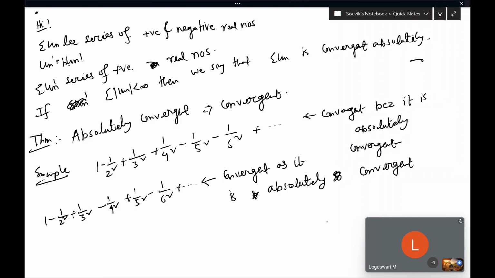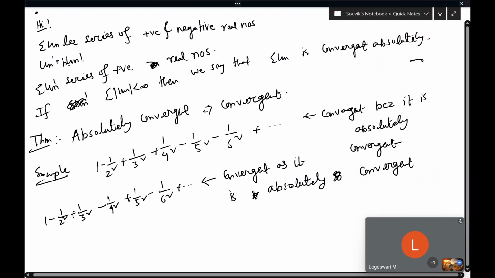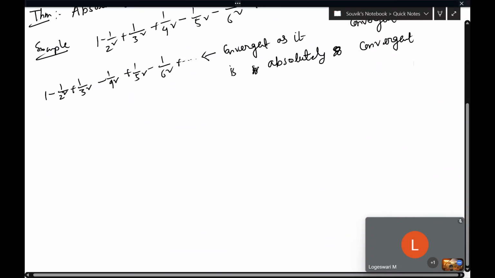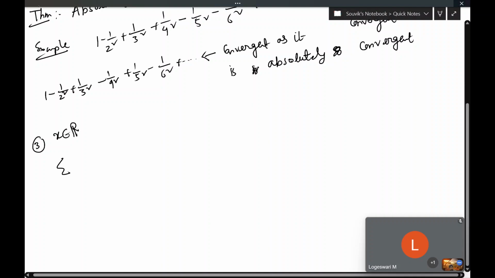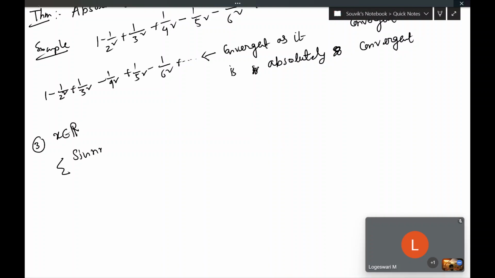So consider a third example. Fix any x belonging to R, and consider the series summation sin(nx) by n squared.